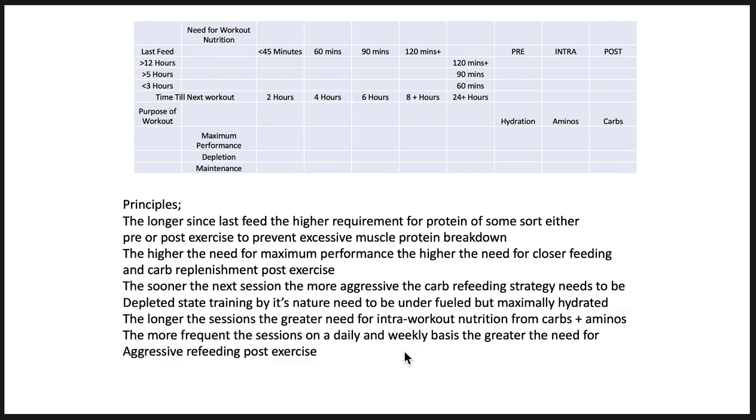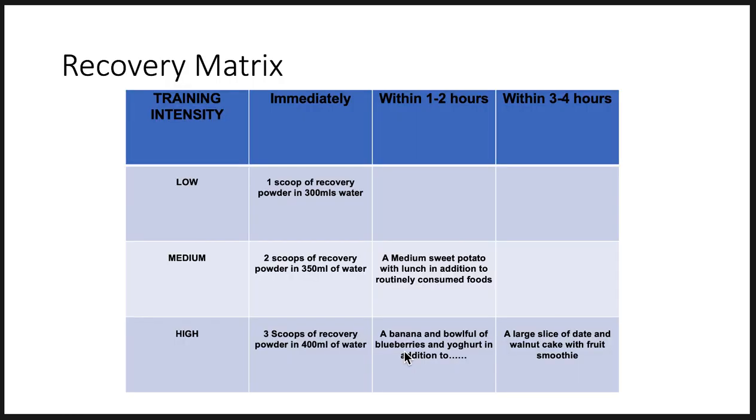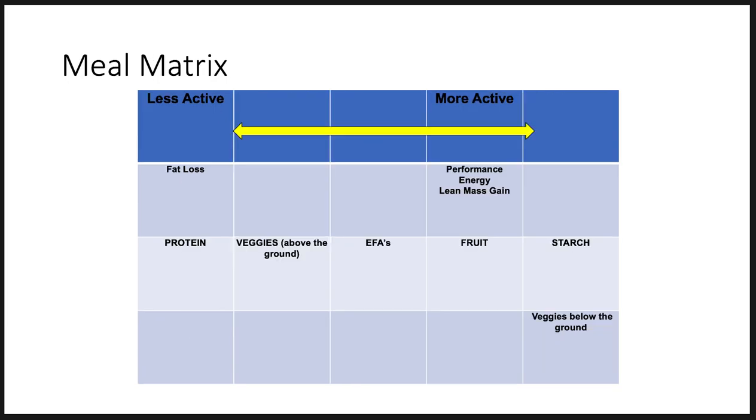And these are the things I'm thinking about, but actually in terms of the advice, be looking at a low, medium or high intensity recovery type matrix, and then also bringing in energy density, nutrient density type concepts and introducing these to the client.